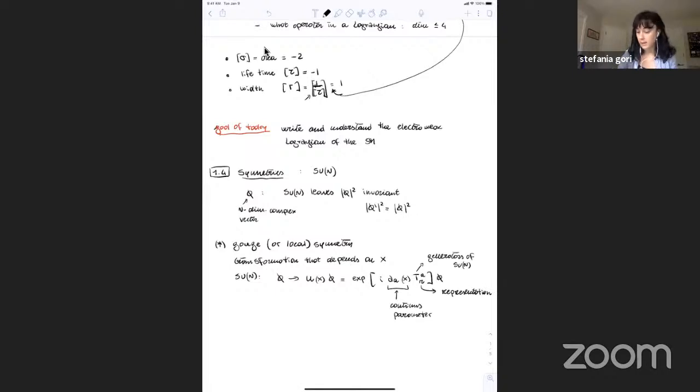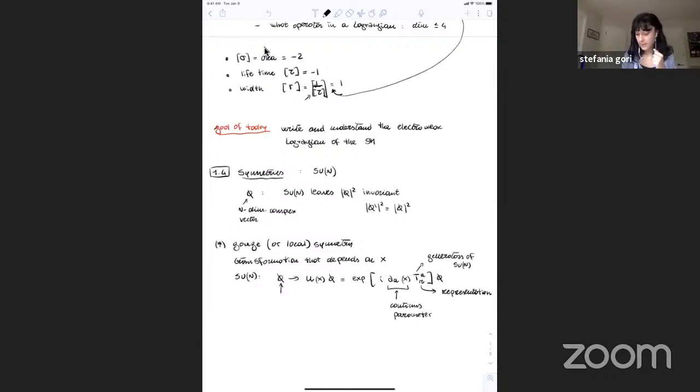So phi can transform in many different ways under the SU(N) group. We'll focus on the low-dimensional representations of SU(N), but in principle, you can write down as complicated a representation as you want, and then you will have different types of generators of this symmetry.